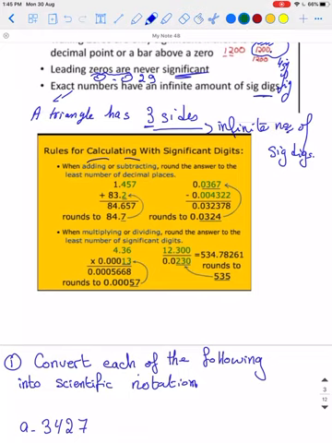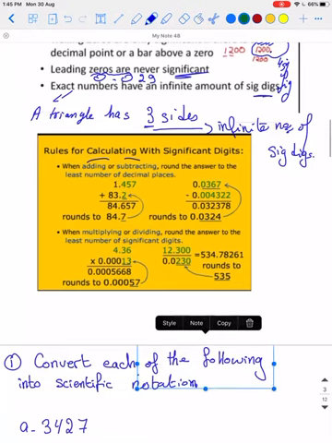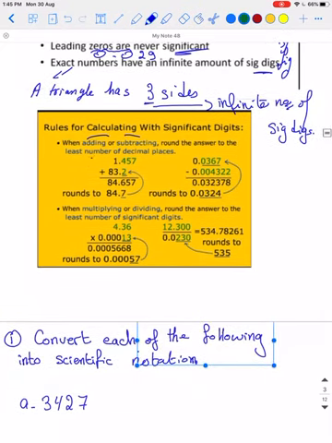Upon adding or subtracting, we round the answer to the least number of decimal places. Consider these 2 numbers that I want to add. This has 3 numbers after the decimal, this 1 number after the decimal. So the answer should be rounded to the one with least number of decimal places, which means the answer should have only 1 number after the decimal.